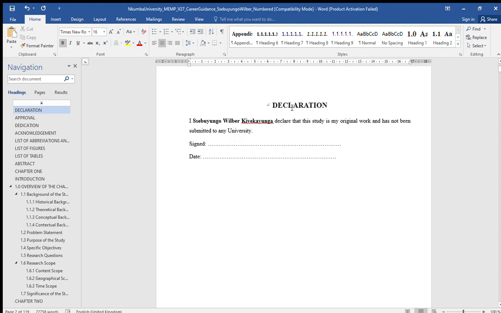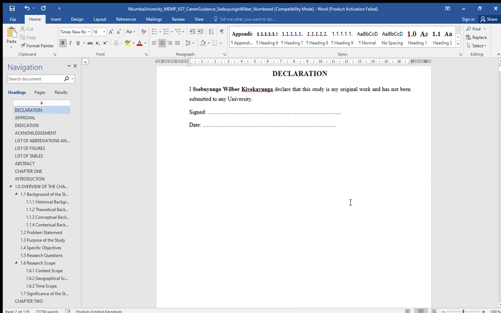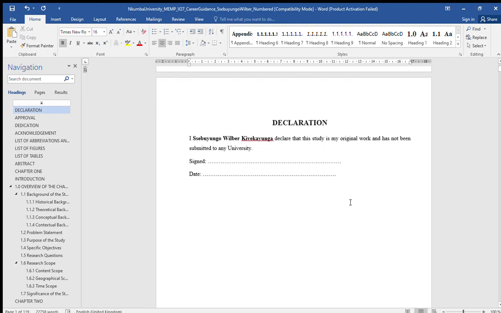We call them preliminary pages, and their page numbers are in Roman numerals: i, ii, iii, iv, like that. But those ones are not necessary in a proposal. You can add them when your proposal has now passed, and now you can go ahead to collect data. That's when you can add these preliminary pages.